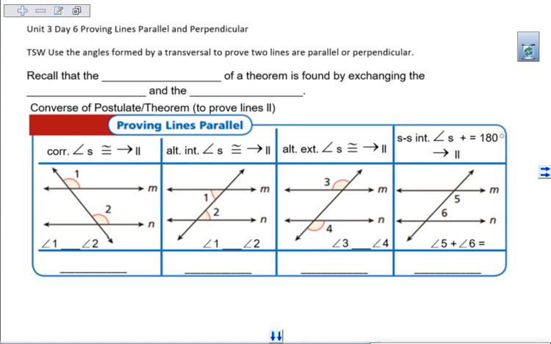Today we are going to look at the converse of what we looked at yesterday, which was parallel lines intersected by a transversal. Remember that the converse is made by exchanging or flipping the hypothesis and conclusion.